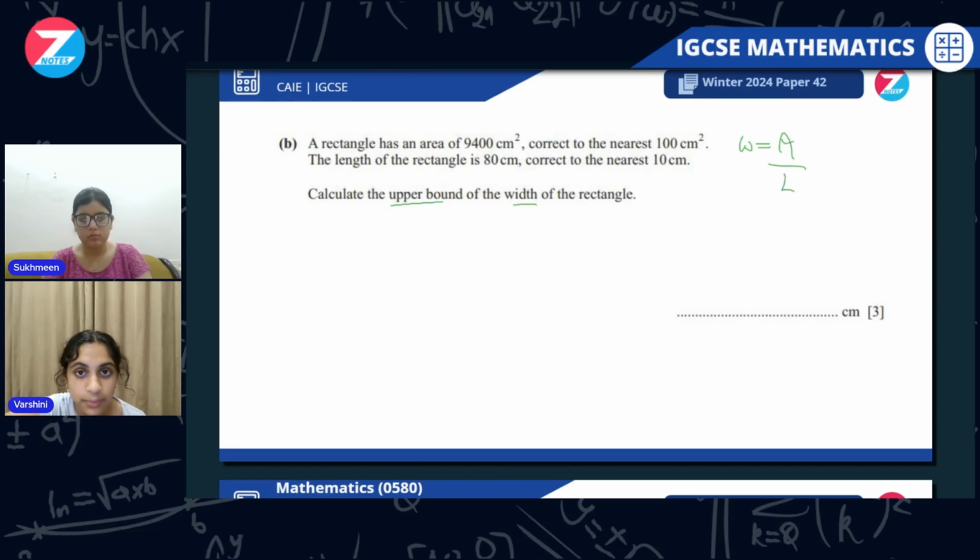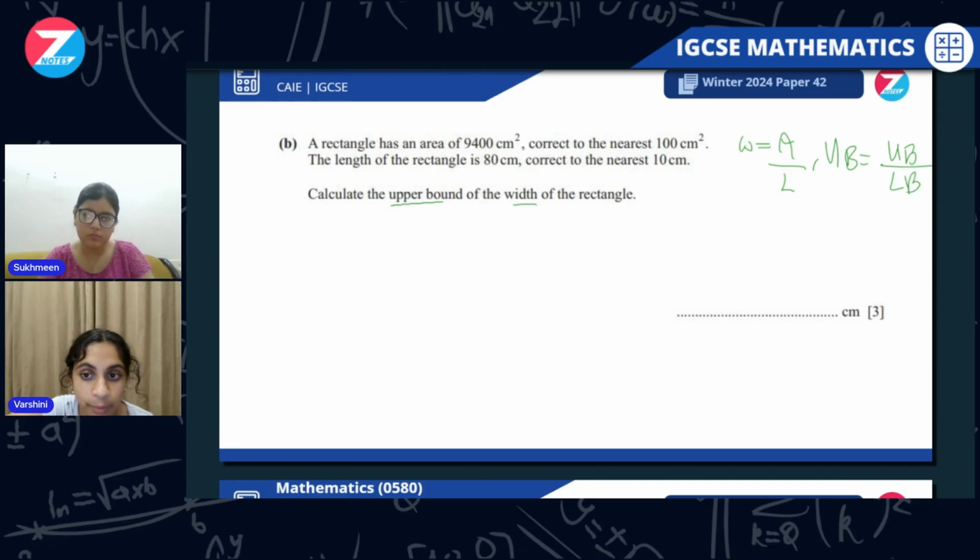And for division, when we want to find the upper bound, we're going to find the upper bound of the numerator and divide it by the lower bound of the denominator. So for division, upper bound is equal to upper bound by lower bound.